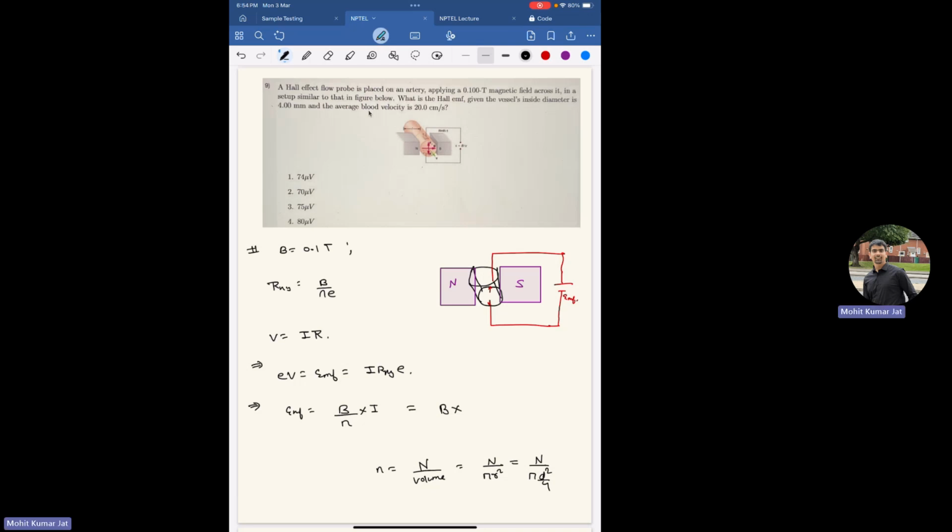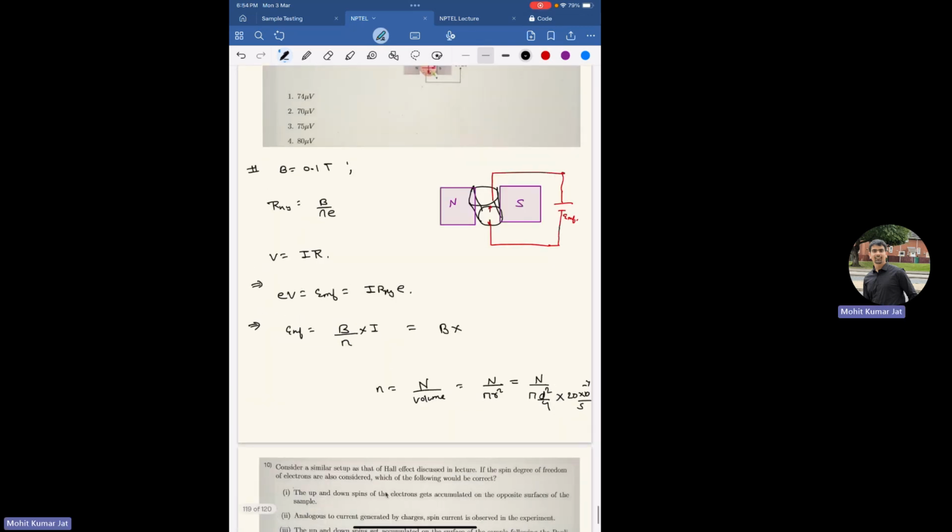And then the length will be 20 centimeter per second, 20 into 10 power minus 4 per second.